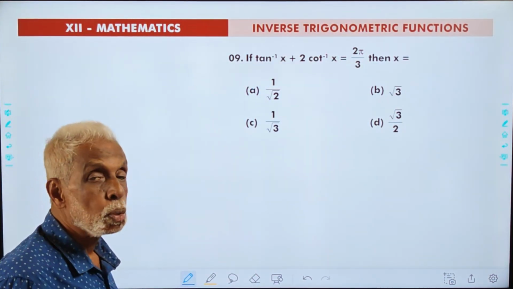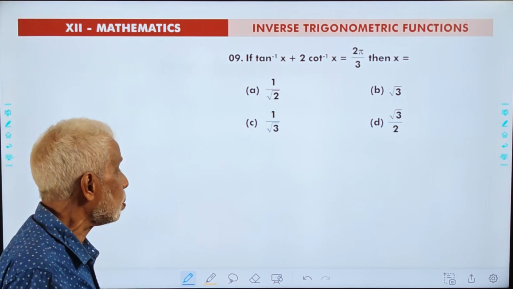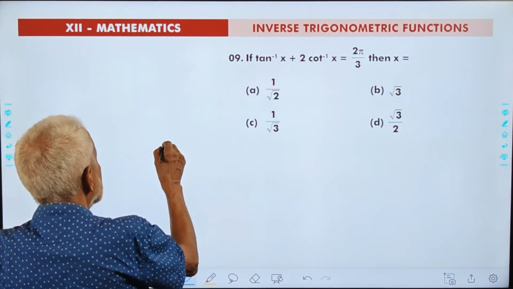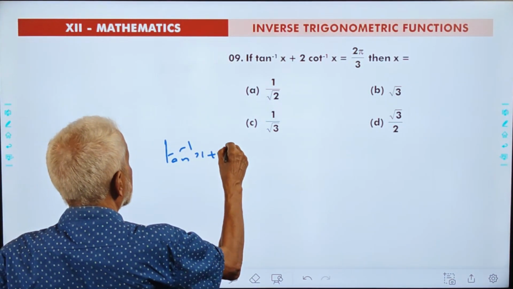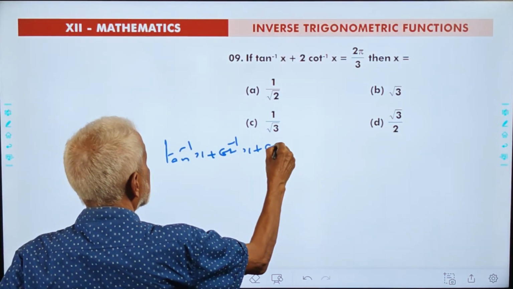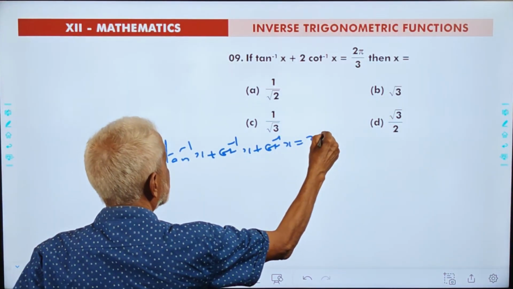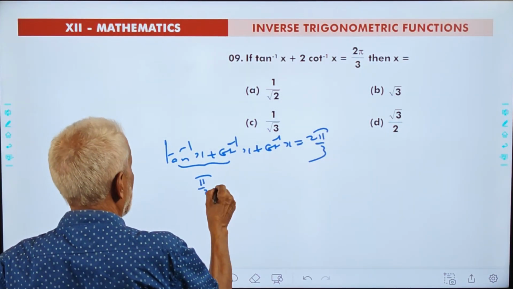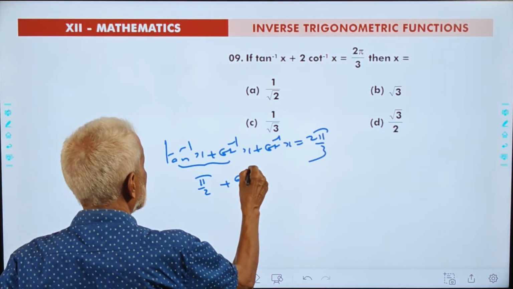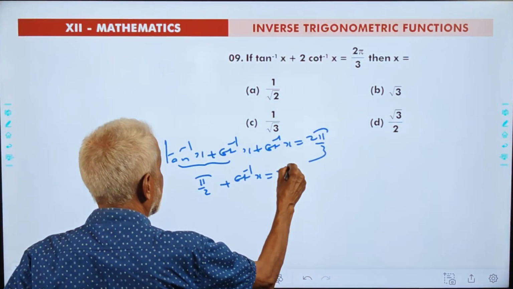Tan inverse x plus 2 cot inverse x is equal to 2 pi by 3. That is tan inverse x plus cot inverse x plus cot inverse x is equal to 2 pi by 3. You know, tan inverse x plus cot inverse x is equal to pi by 2. Therefore, pi by 2 plus cot inverse x is equal to 2 pi by 3.